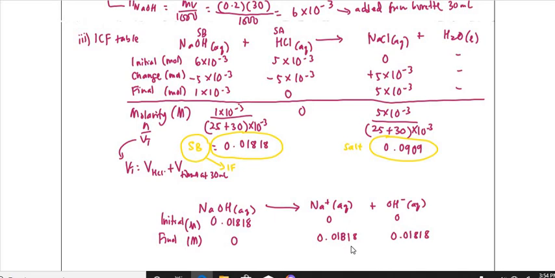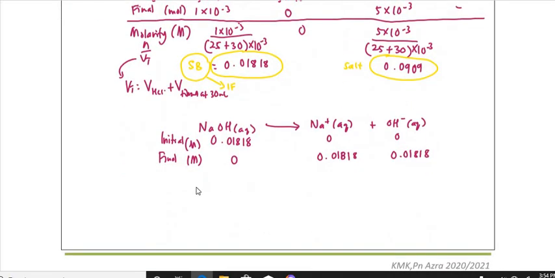Okay, then here we see the molarity of OH minus is 0.0181. So from the OH you can find pOH.